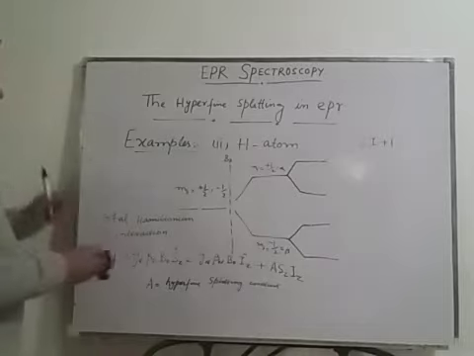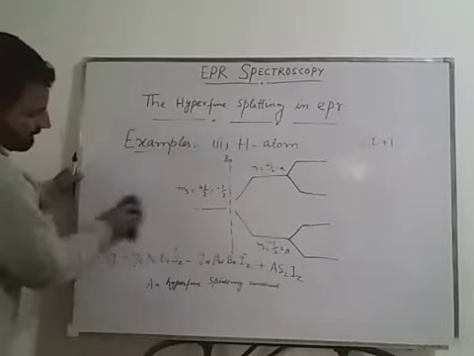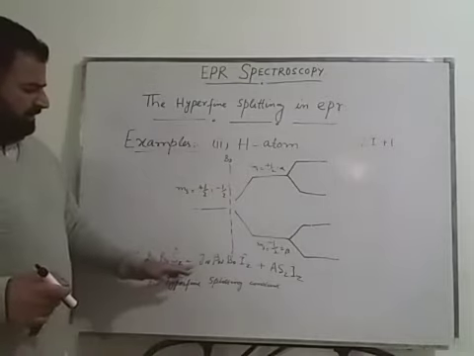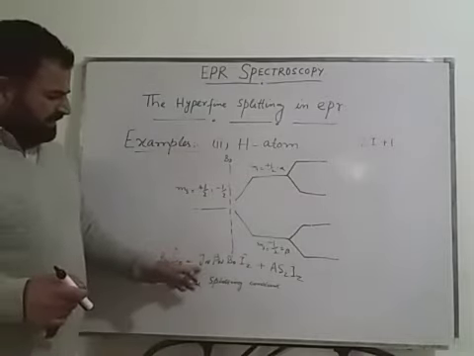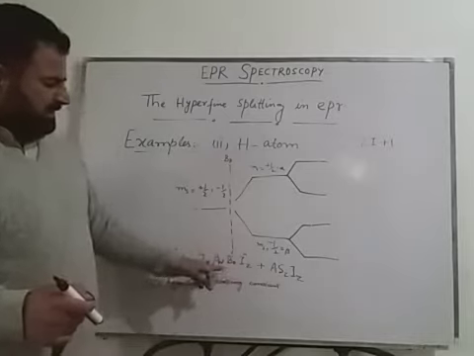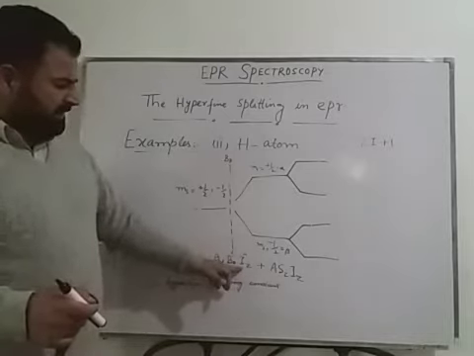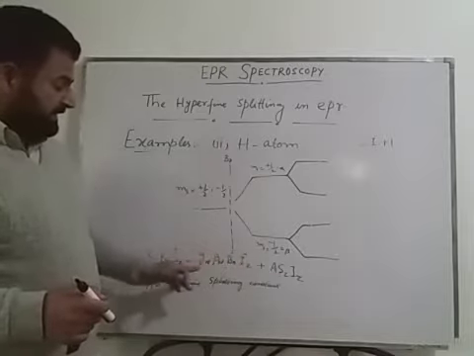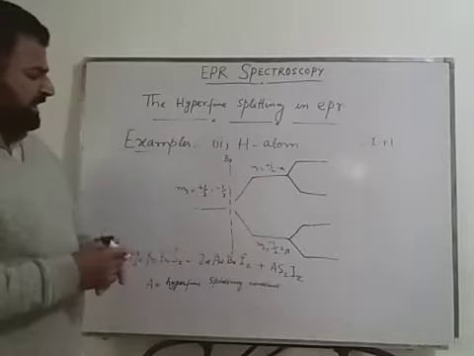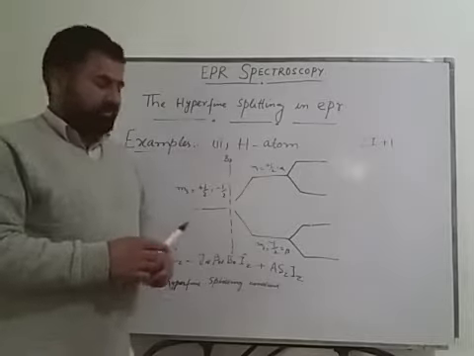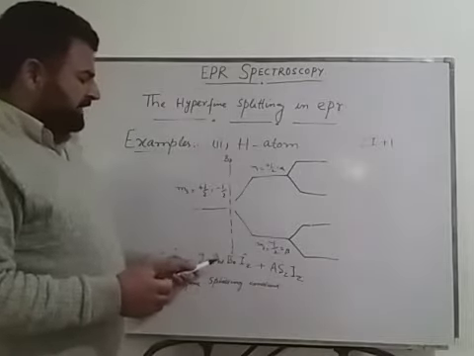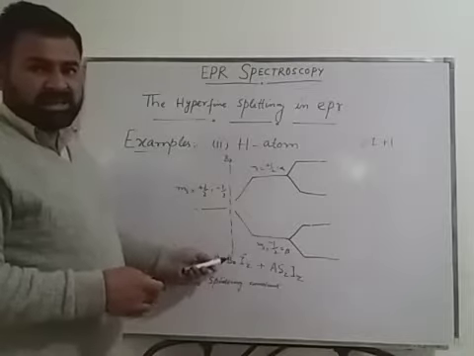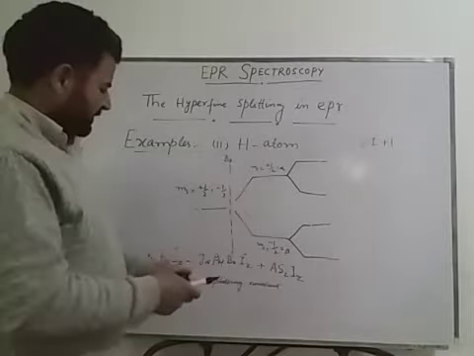But it has been seen that the splitting due to the interaction between the nuclear spin and the applied magnetic field, that is the second term, is not significant. It is negligible, so we omit it from this equation.